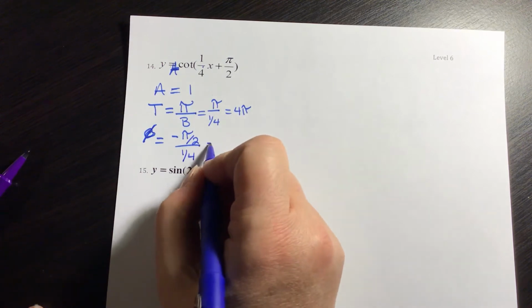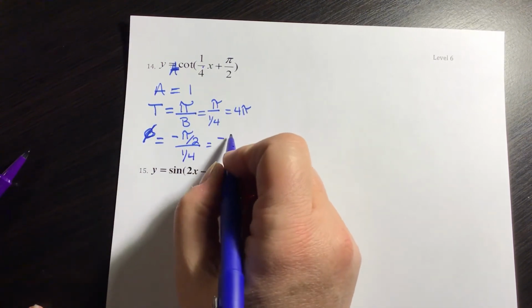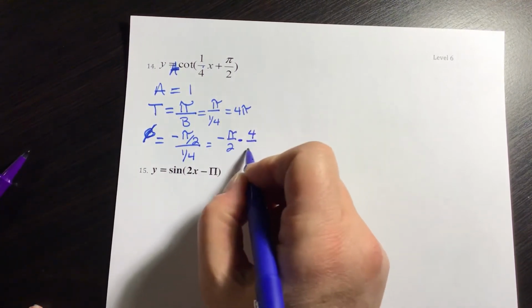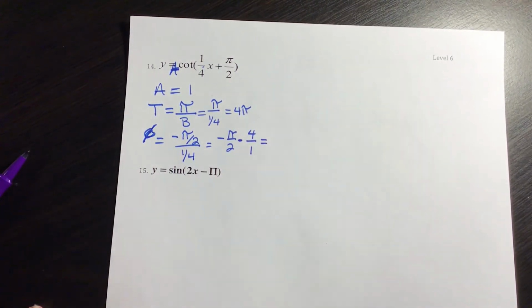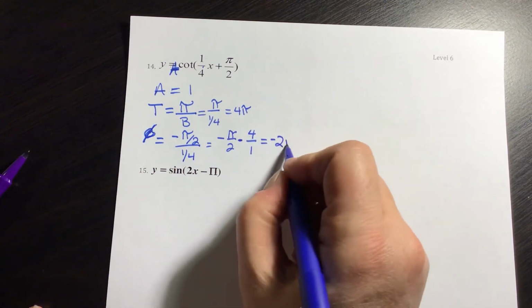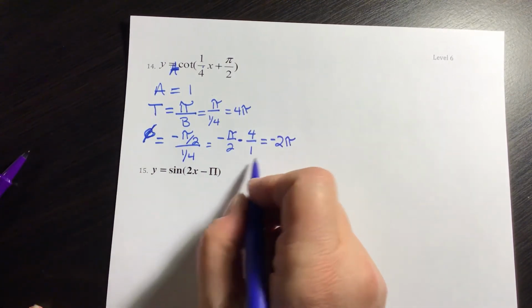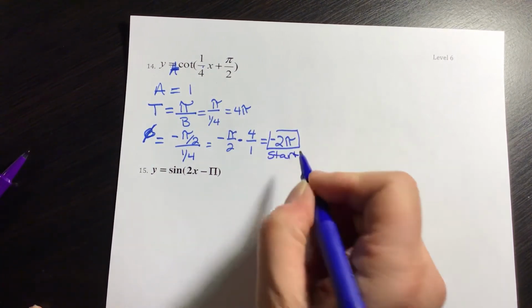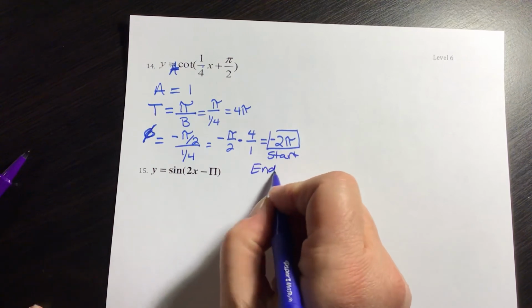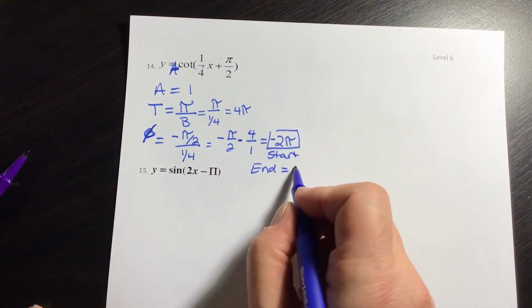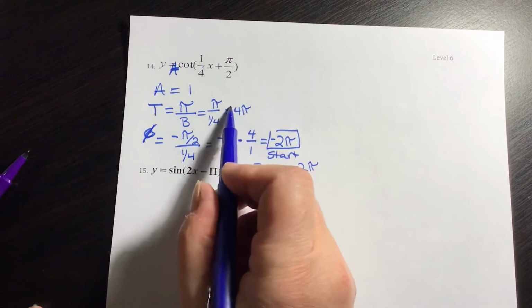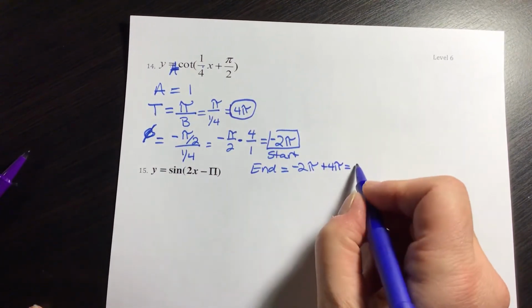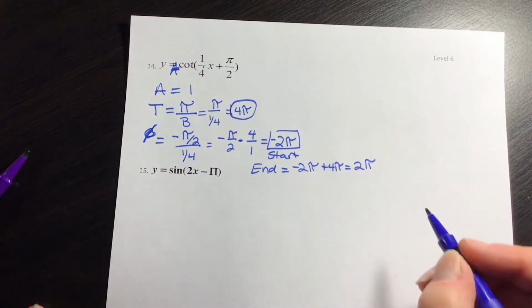If I multiply by the reciprocal, minus pi over 2 times 4 over 1, this is going to be negative 2 pi. So this is where I start, and I'm going to end at negative 2 pi plus my period, which is 4 pi. I'm going to end at 2 pi.